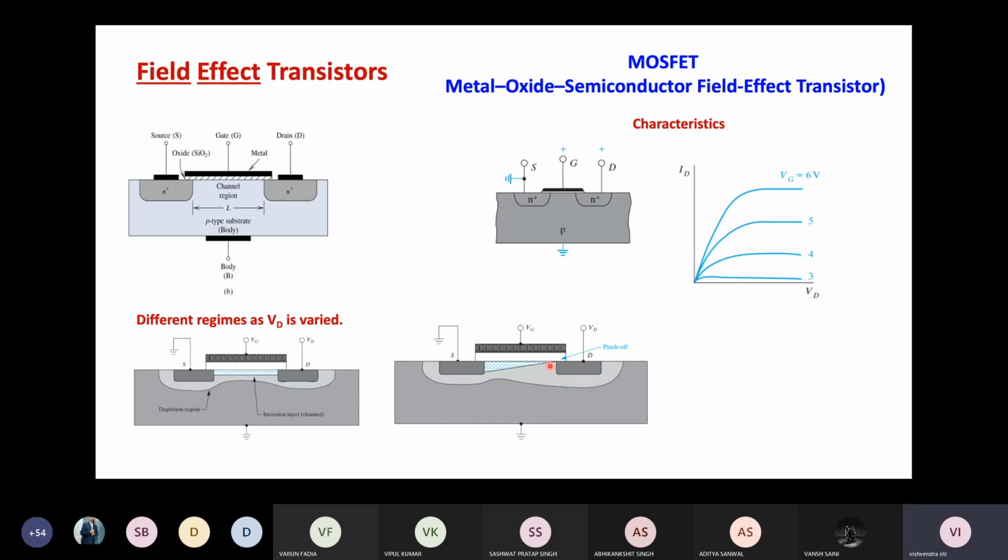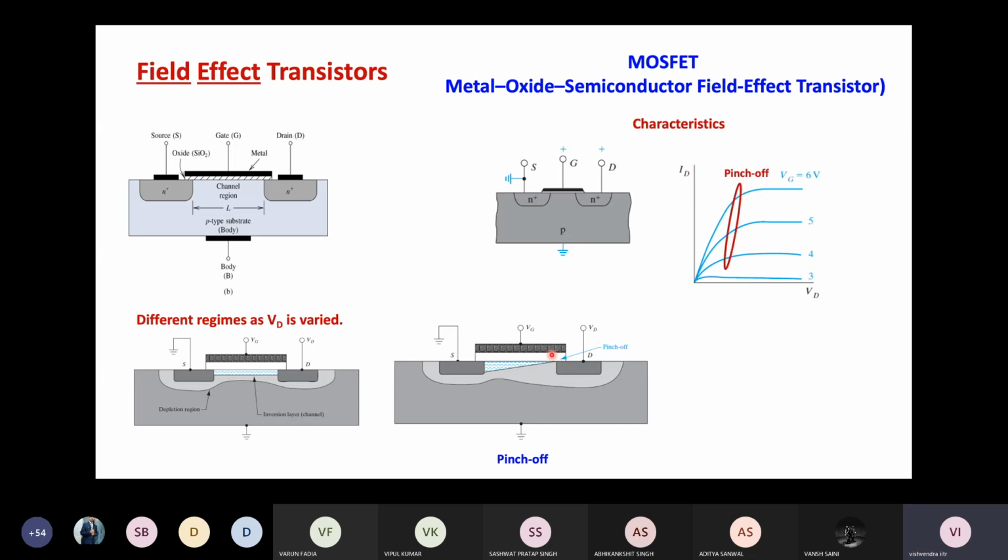And there comes a time when Vd becomes so large that the right side of this channel is now absent, which means that the thin layer of electrons is terminating before the drain.